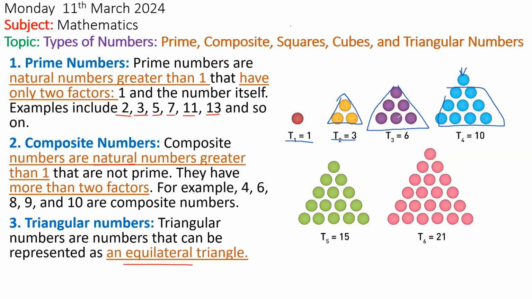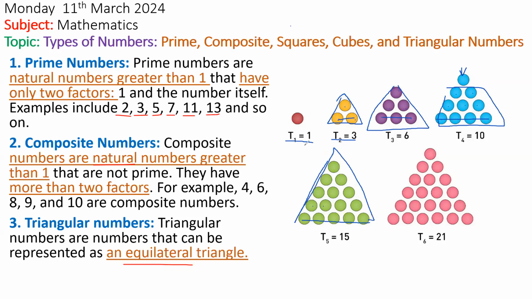So this one has base 2, base 3, base 4. So obviously this one is going to have what? Base 5. And you just build off of that. So it forms an equilateral triangle each time.